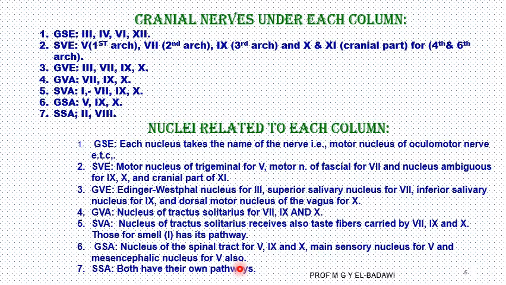Looking for the nuclei of the oculomotor, for example, you will find it in the first group, motor nucleus, and in the third group, the Edinger-Westphal. For the vagus, you can list the nuclei, what we call the deep origin.